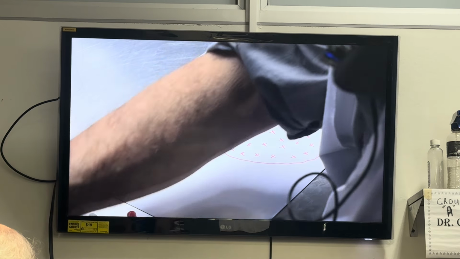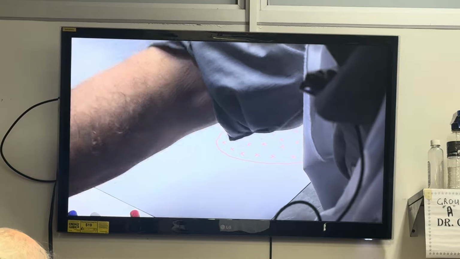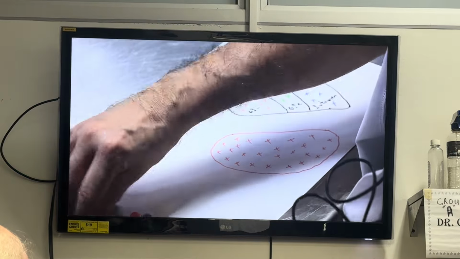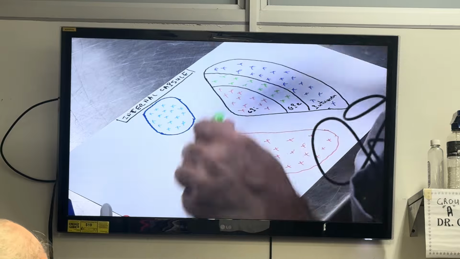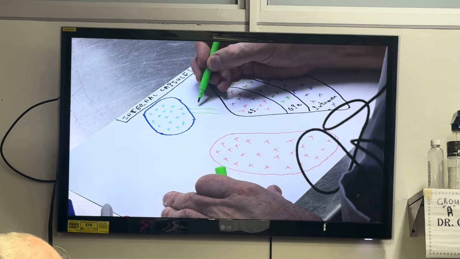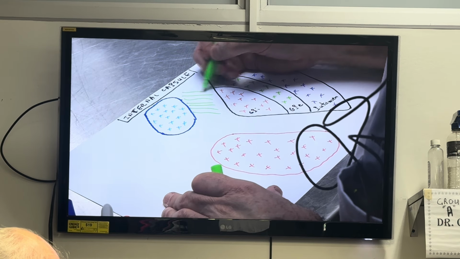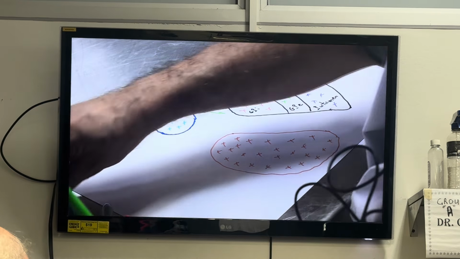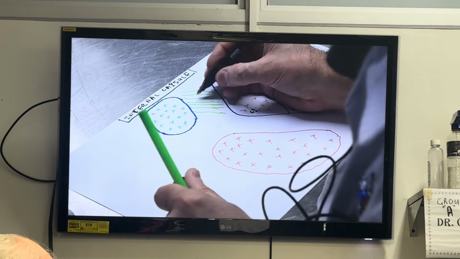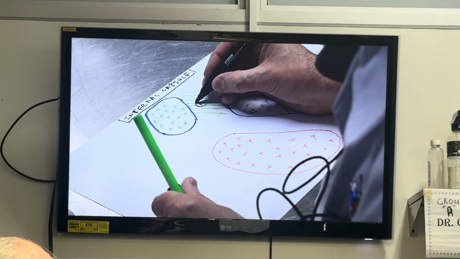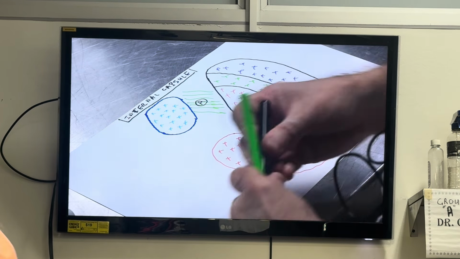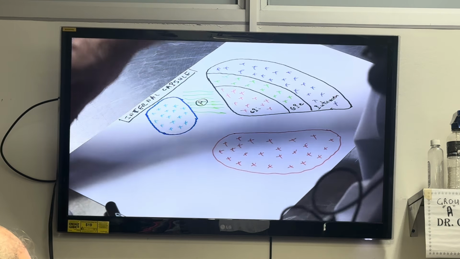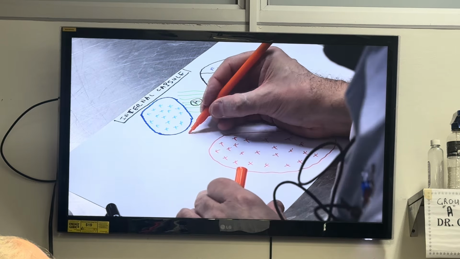So you have like three areas. So you have your anterior limb. Here, what would you have?